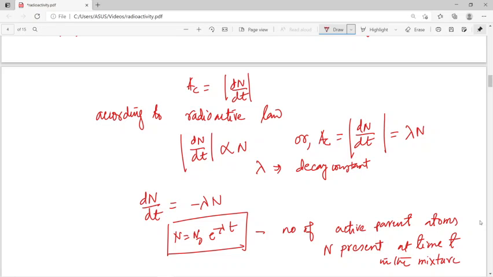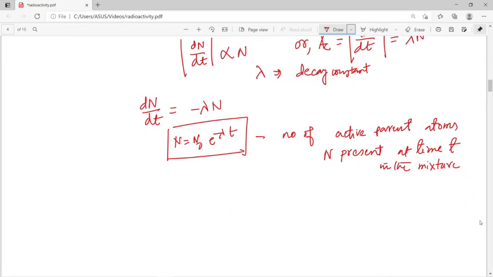If we multiply both sides by lambda, it is lambda N naught e to the power minus lambda t, and lambda N is nothing but activity, and this is the activity initially.